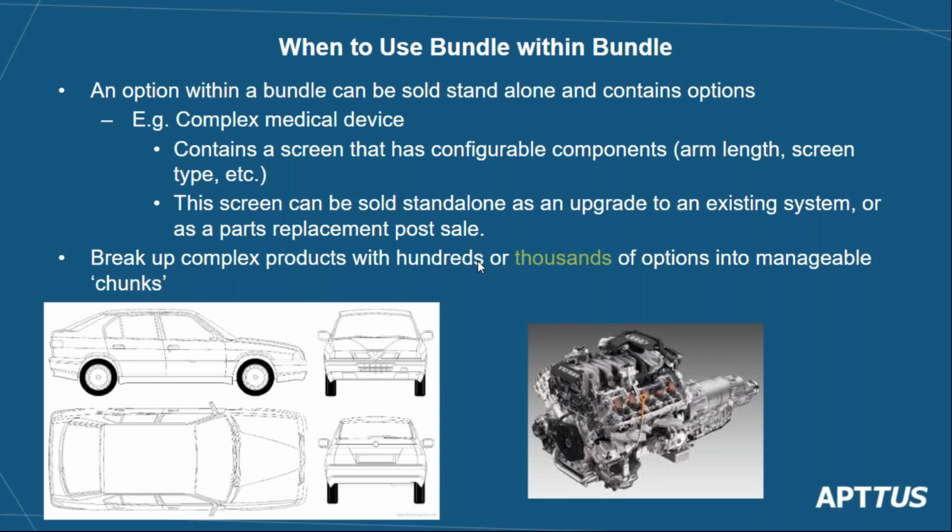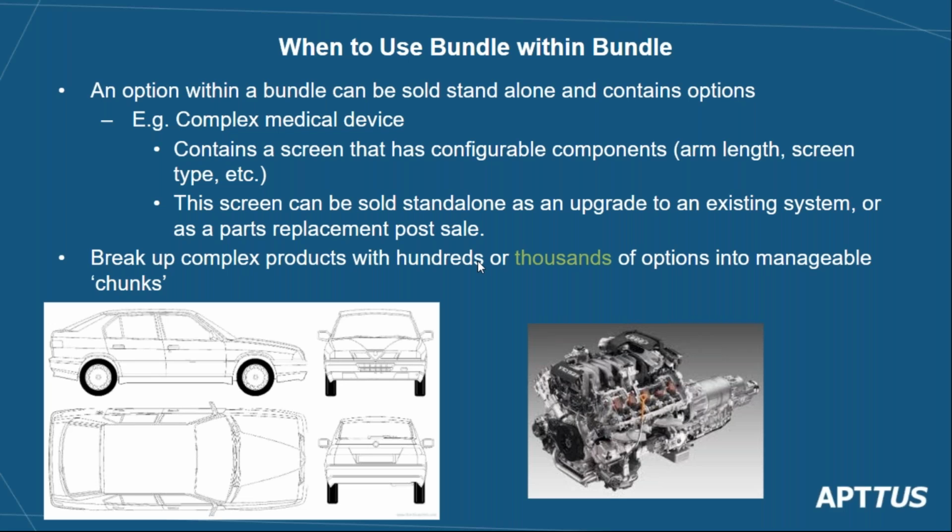So whenever we are purchasing a big device, we can also later purchase parts again if, say, the arm length or screen is damaged. The hospital can reach out to the vendor, and if they are using Aptus, they can configure the same product and choose the screen type, because they just want to purchase this screen type from the whole medical device.